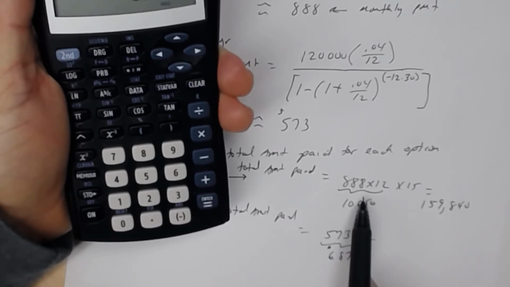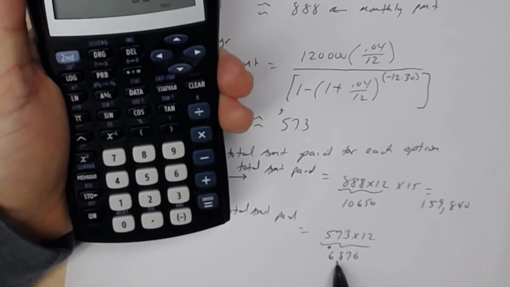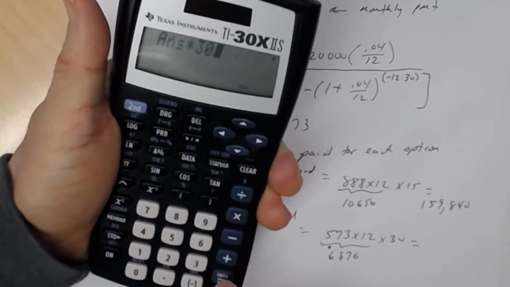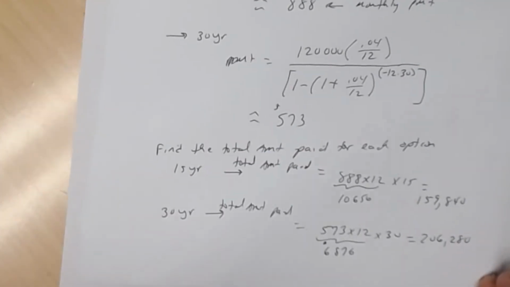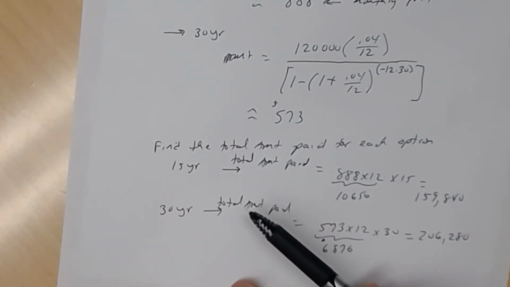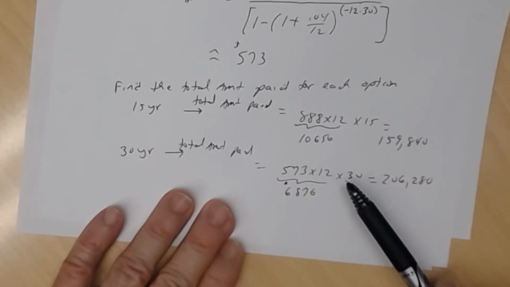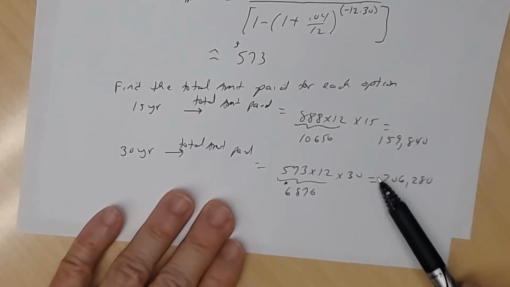Now in 1 year, for the 15 you paid that amount, and for the 30 you paid this amount. But times 30, now watch what happens. $206,280. So in the short term, your monthly payment is smaller with a 30-year, but in the end, you do pay a lot more for that loan.